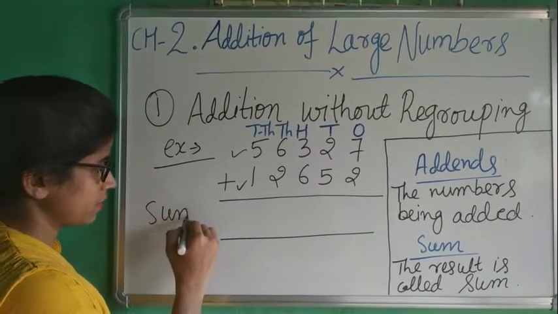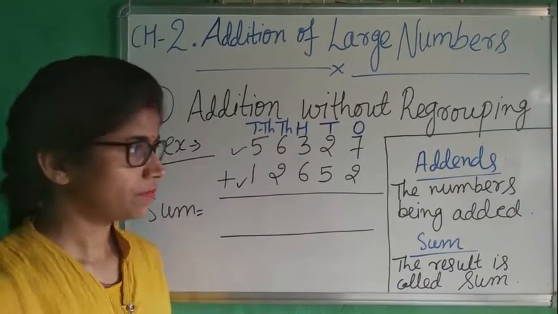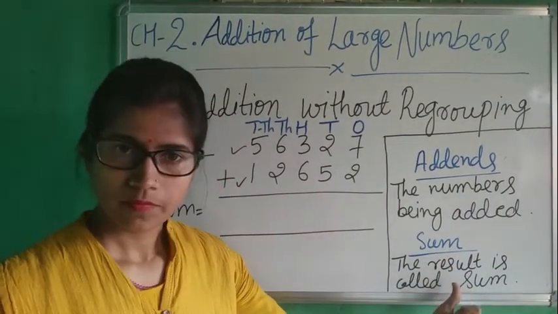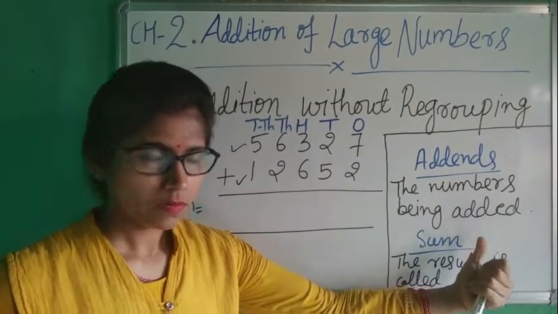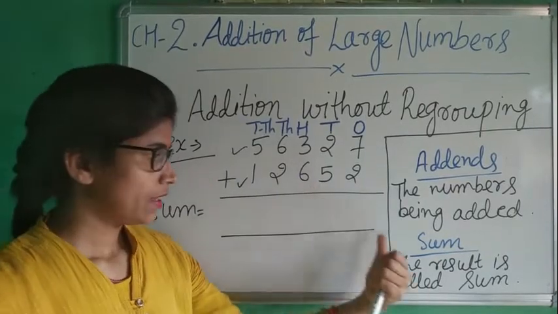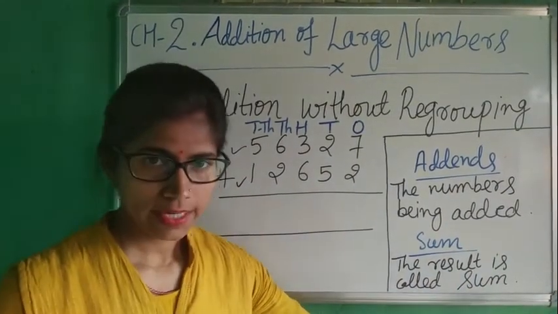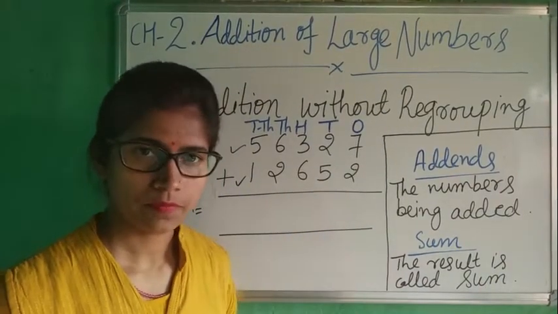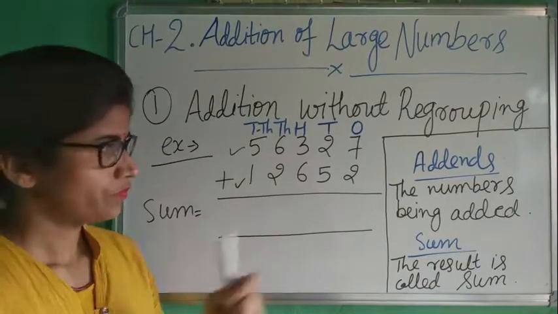Your sum. Understood? These two keywords, addends and sum. Addends are the numbers being added, and sum is the result after addition. Fine. So let's add this.